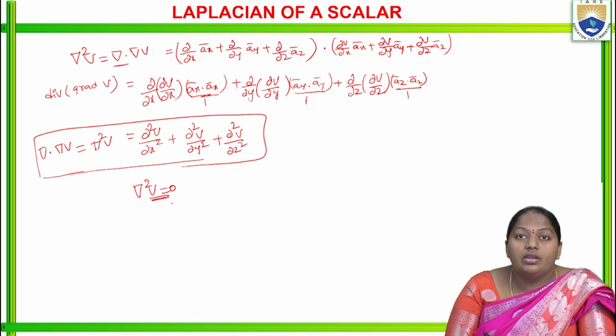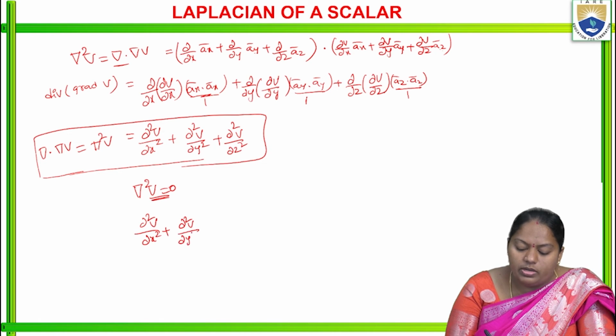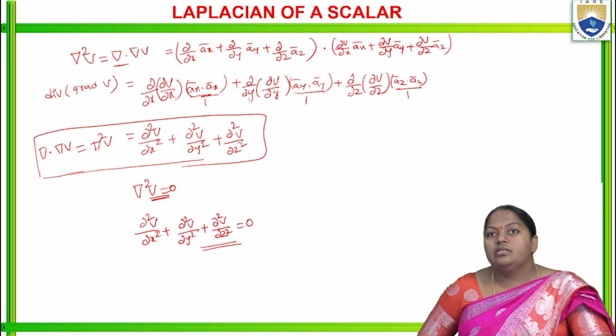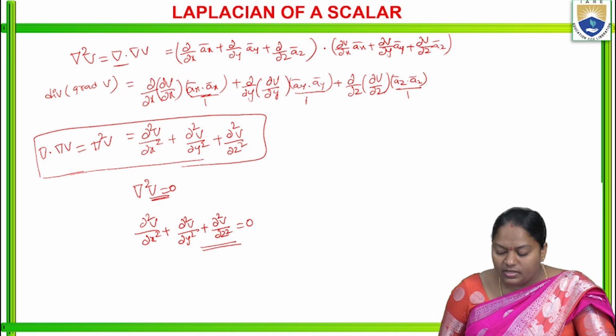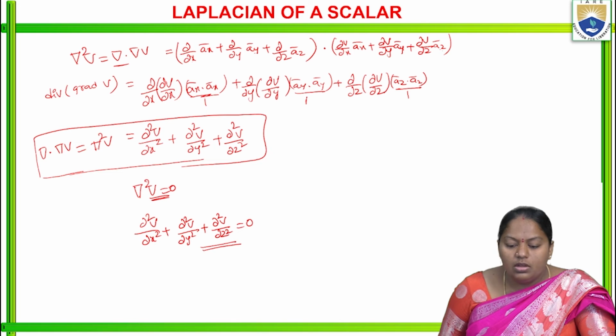Generally it is a second order differential equation: ∂²v/∂x² plus ∂²v/∂y² plus ∂²v/∂z² equal to 0 is called Laplace's equation. Similarly, for the other two coordinate systems, cylindrical and spherical, we also have to write the Laplacian of a scalar as a second order differential equation.